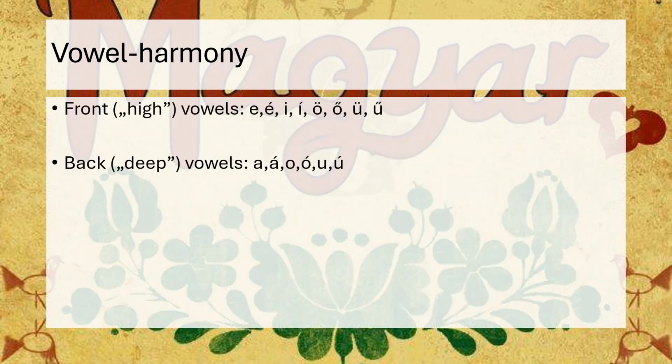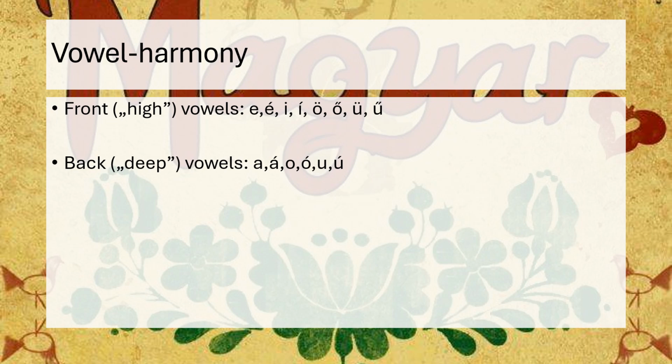In Hungarian, vowels can be divided into two categories, namely front vowels and back vowels. Front vowels are the following: e, i, ö, ü, and back vowels are the next ones: a, o, u.